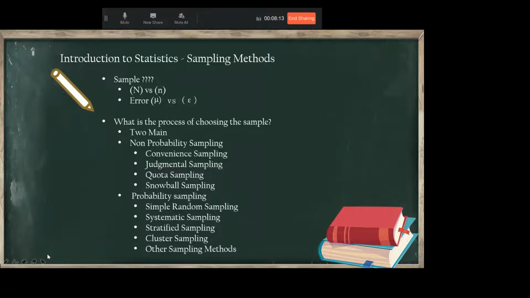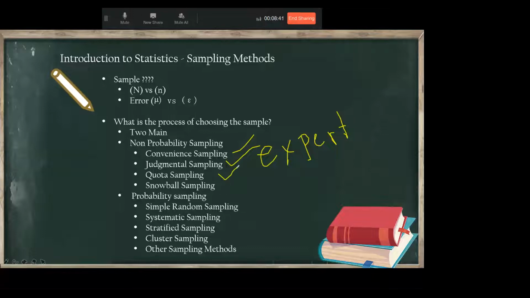In non-probability sampling, there's convenience sampling, which we do when we are feeling convenient and don't want to move into a lot of difficulties or spend a lot of resources. Judgmental sampling relies on expert opinion: we know someone who is an expert in the field, and we call that person and collect the data from him or her.